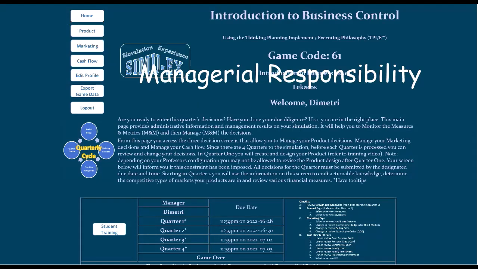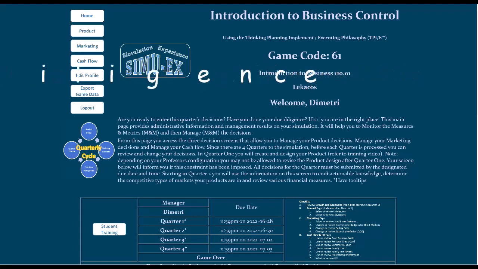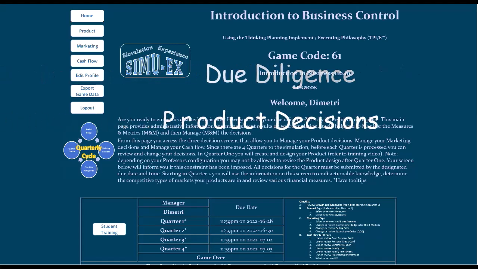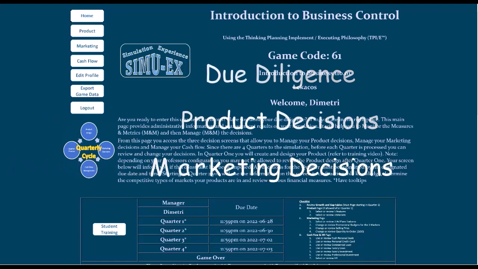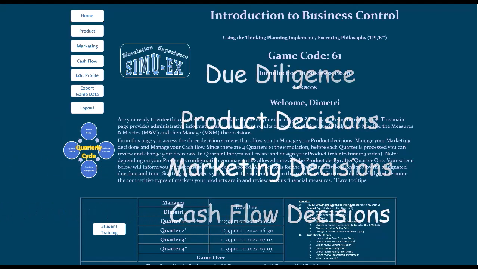But most importantly, understand the managerial flow. It is due diligence, whereupon completing that, it is a series of decisions, managerial decisions in terms of product, marketing, and cash flow.